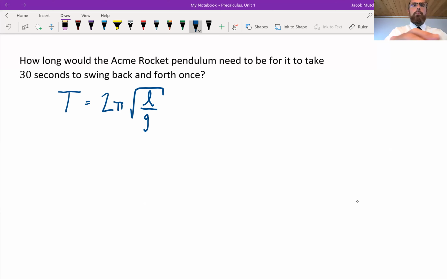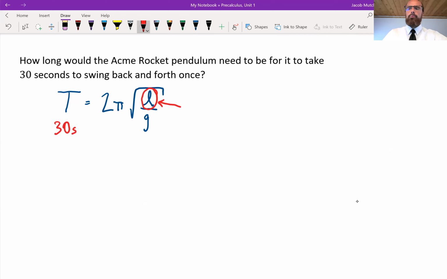So what we're looking for is really this length if I know time to be 30 seconds. So it's not as convenient to just plug in our values because the one that we're looking for is in a way buried in a fraction in a square root.